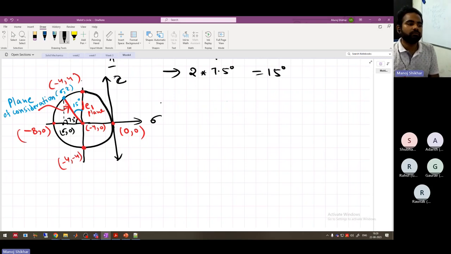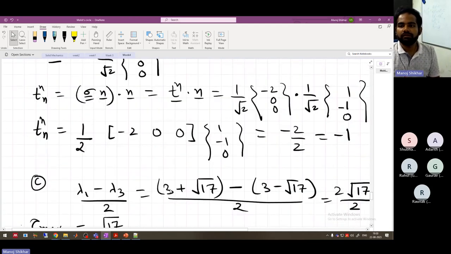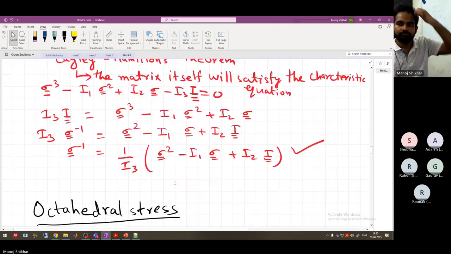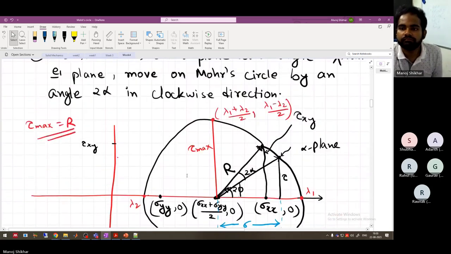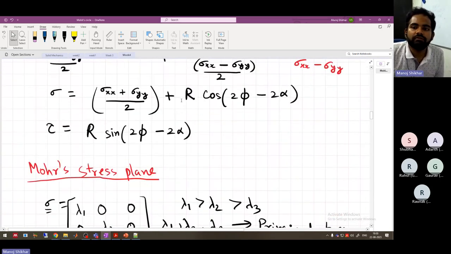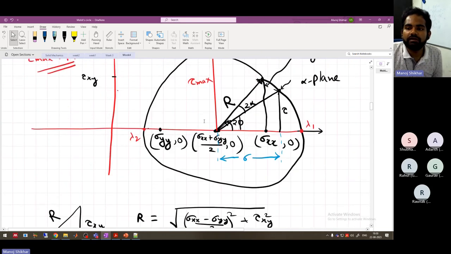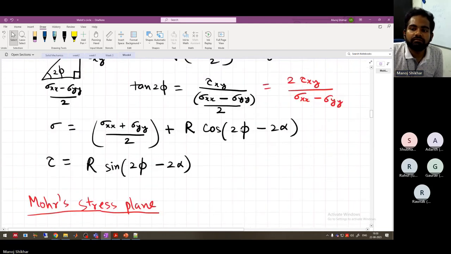We can directly use the formula derived earlier. We know the R is 4. We know sigma x plus sigma y by 2 is -4. For 2 phi, in our case, it will be 90 degrees. So -4 plus radius 4 times cos 75 degrees will be sigma. Similarly, it will be 4 sine of 90 minus 15, that is 75 degrees, will be tau.